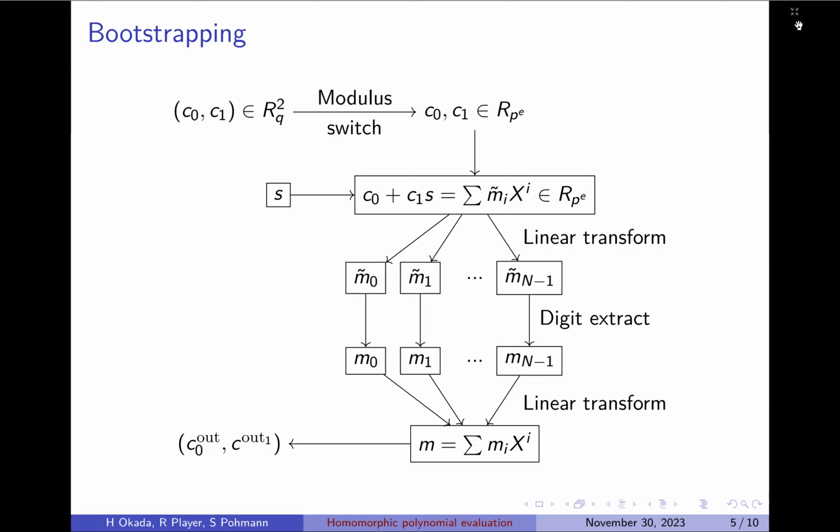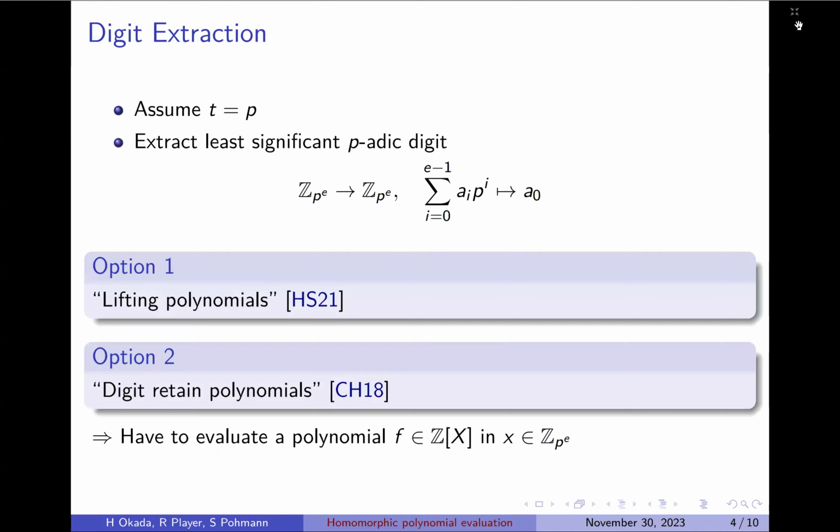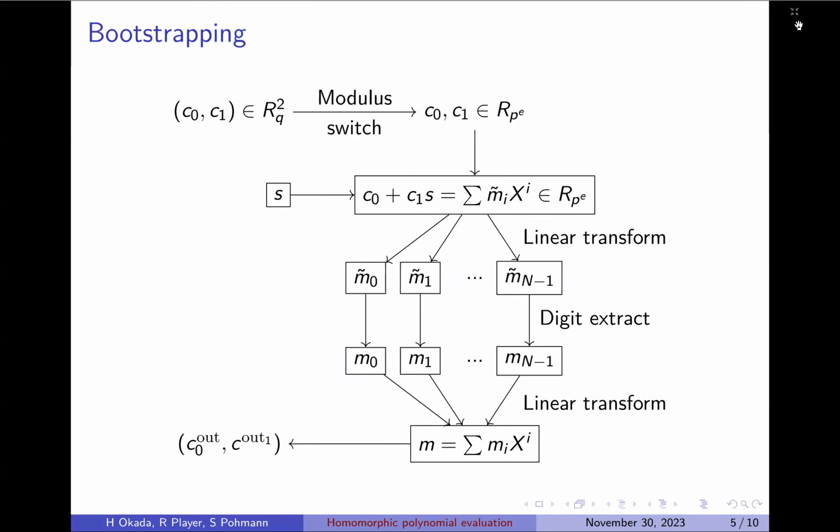Then we can easily compute an encryption of c0 plus c1 s using an encryption of the secret s, because our scheme supports homomorphic operations. However, as you can see, the digit extraction here can only work on scalars, as written here. So we're working in Z modulo p to the e, but the c0 plus c1 s is in R modulo p to the e.